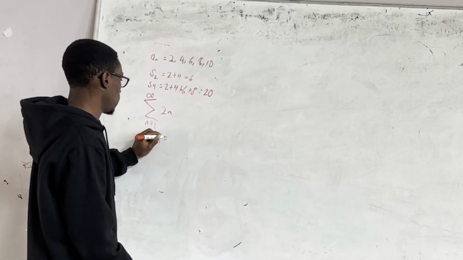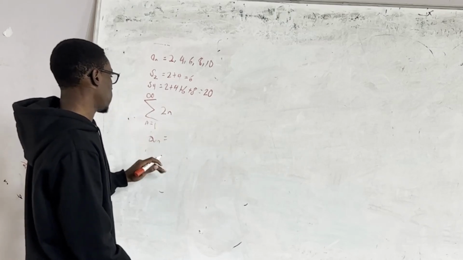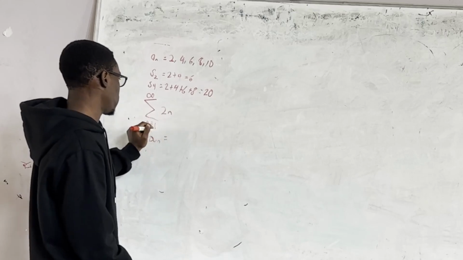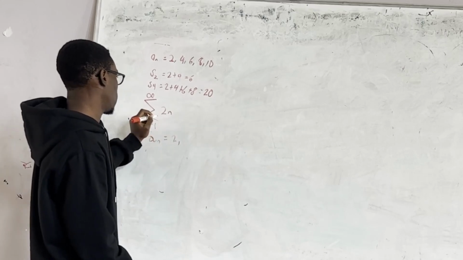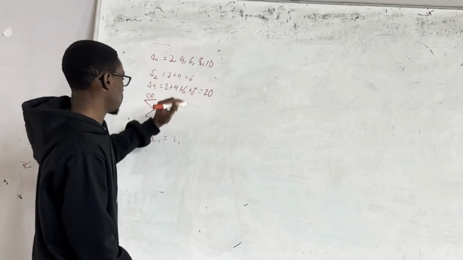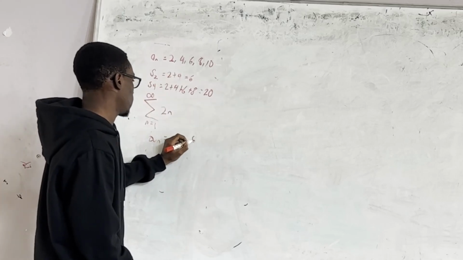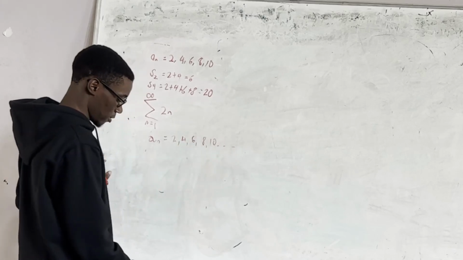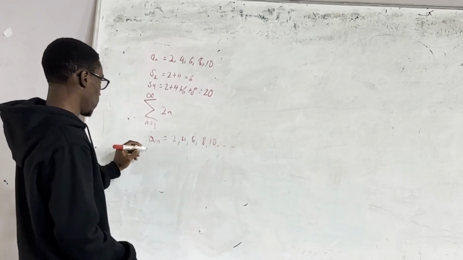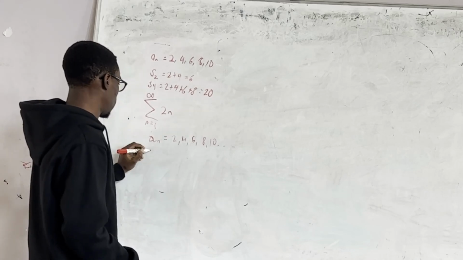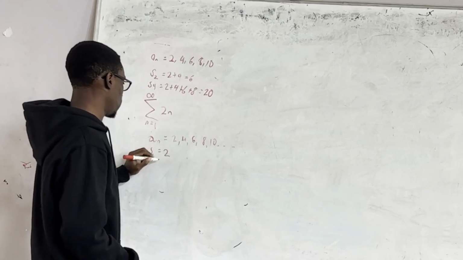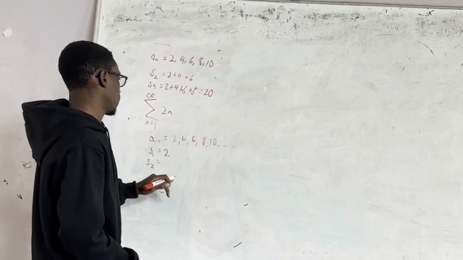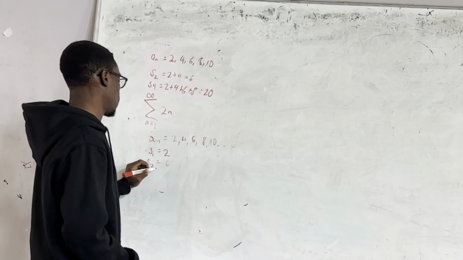A of n is 2n, so this is the sequence: the first term from n is equal to 1 is 2, then 4, 6, 8, 10, and so on. S of 1 is equal to 2. S of 2 is 6.